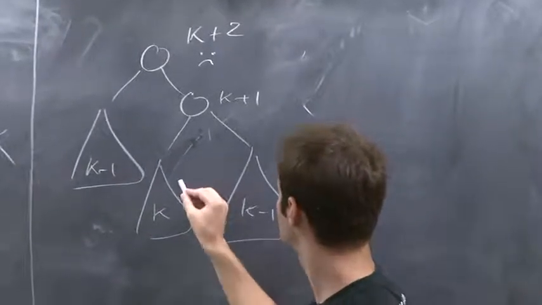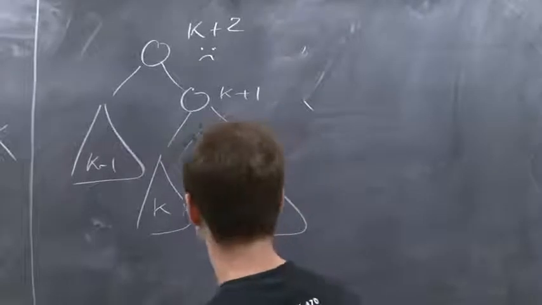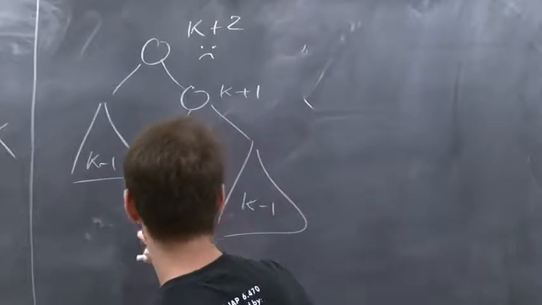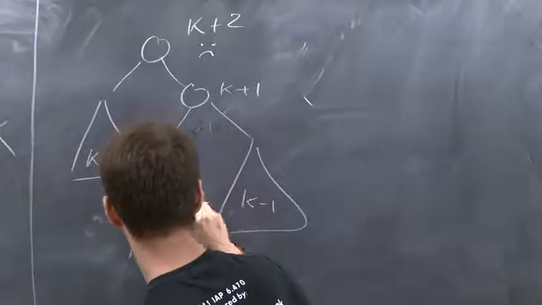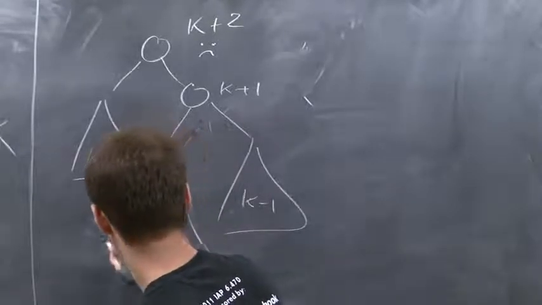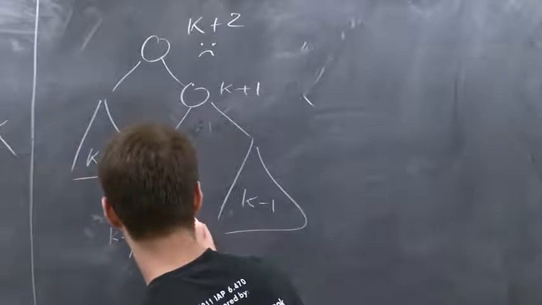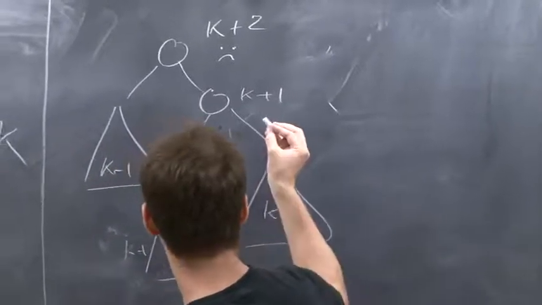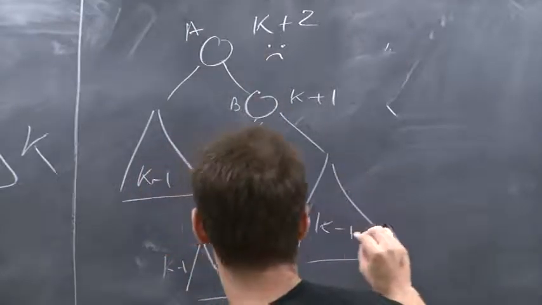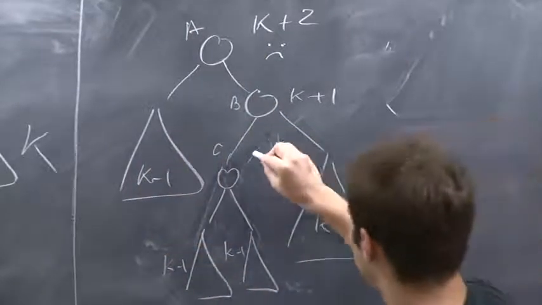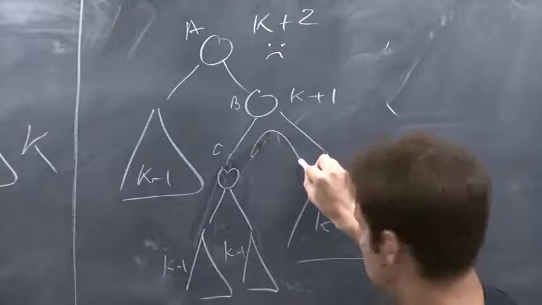All right, so let me break this up so we can see how that would work out. These two are K minus 1 and K minus 1. And these nodes are A, B, and C. So you're saying do a right rotation here, right?